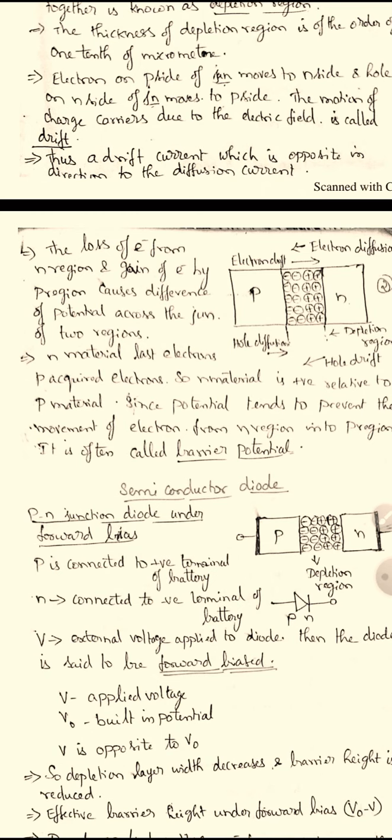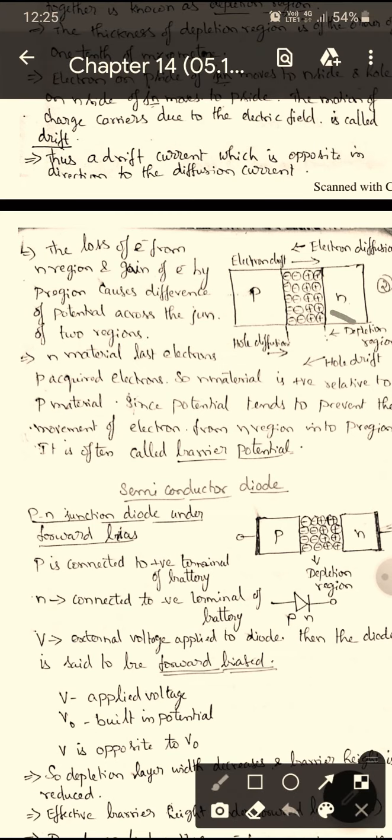Electrons move from n to p region, so there is a loss of electrons in the n region, and the electrons are gained by the p region, which creates a potential difference across the junction of these two regions.